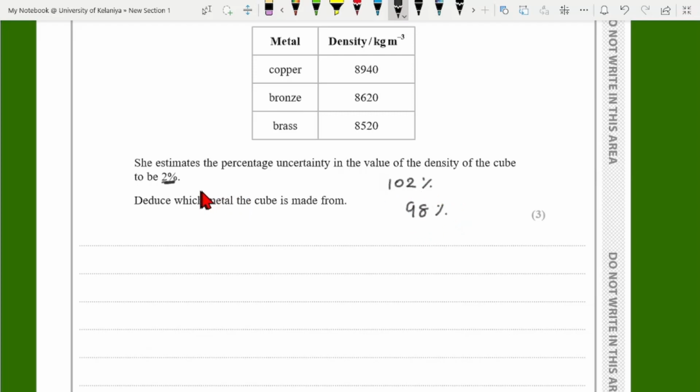So I'm going to calculate the upper limit and lower limit for the density of the metal of the cube.